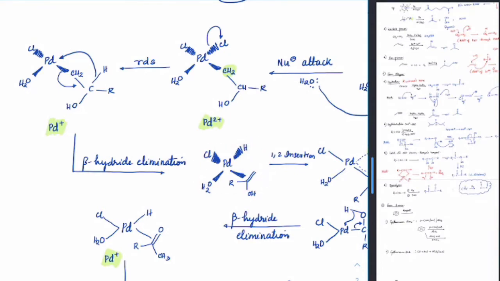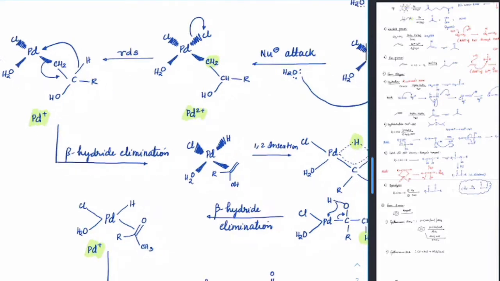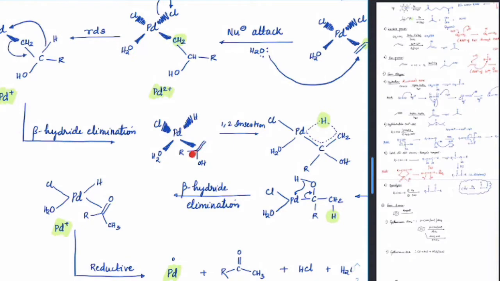Again, this is just for you to know, not that you have to learn the mechanism. Once you get this pi bond which is coordinated with it, now there would be a 1,2 inversion observed. What is 1,2 inversion?